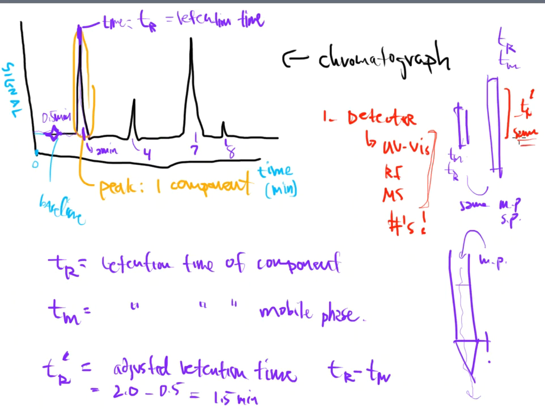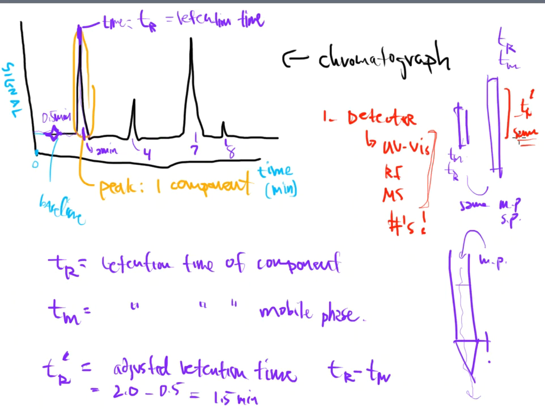So that way, if I'm doing a separation using this setup in my lab, and halfway across the state, someone else is doing the same separation with a longer or a shorter column, if we go through and calculate the adjusted retention times on these components, then our adjusted retention times will match. Our dead times will not match.